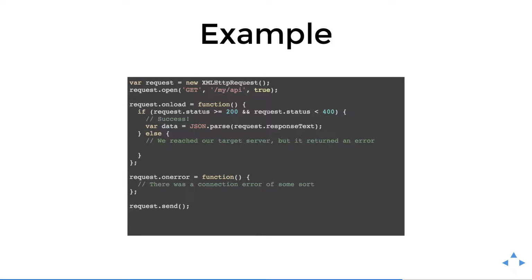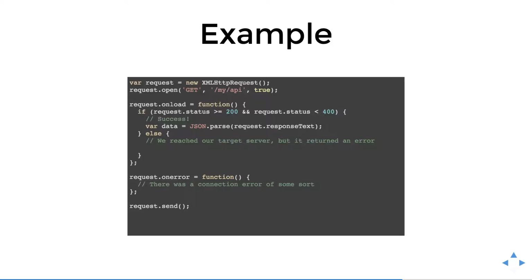So here is an example of currently making an AJAX request. Just raw JavaScript, no abstraction whatsoever. This is great if on your particular app you make exactly one AJAX call. I'm sure that happens a lot. You create a new request, right?